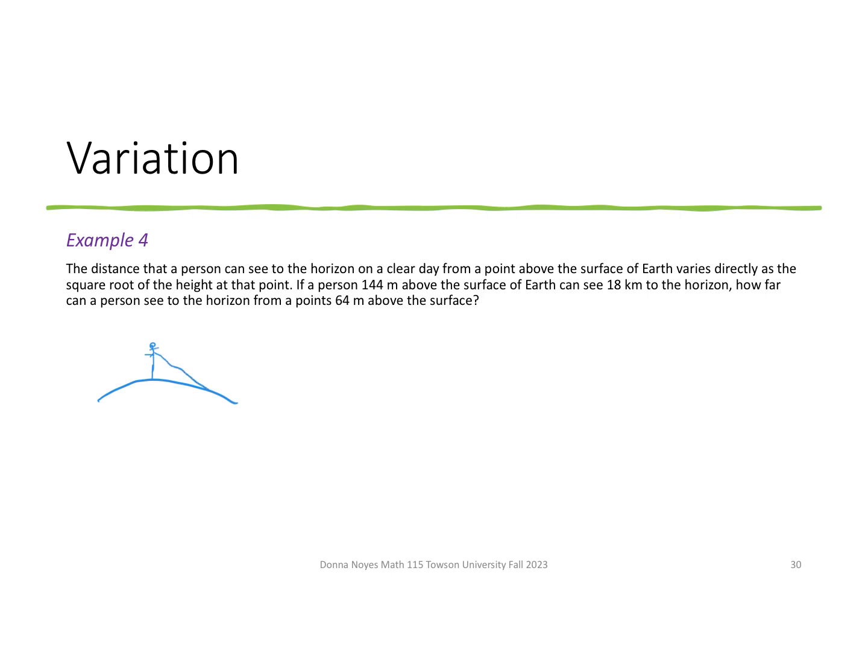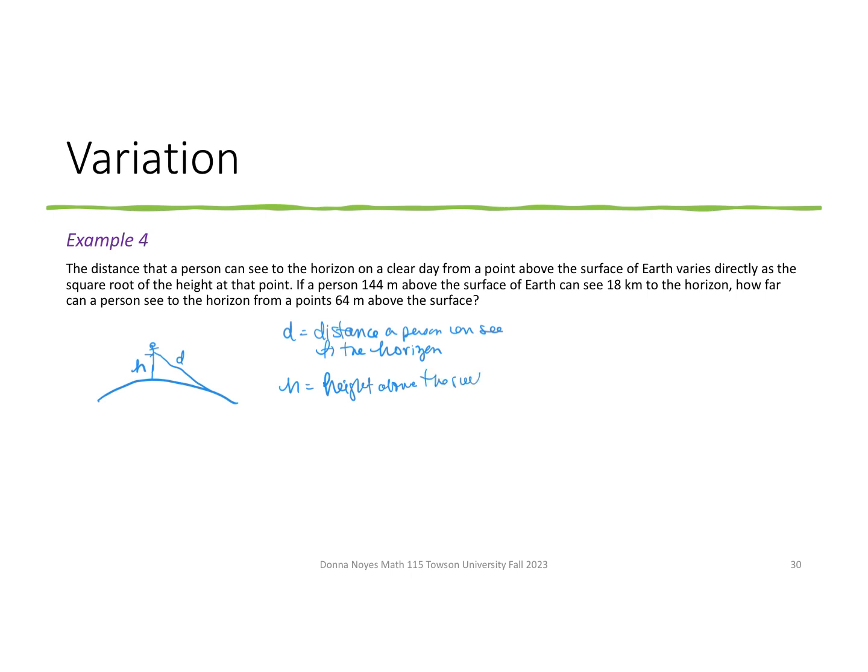And the distance they can see to their horizon, D, right? So we'll say D is the distance a person can see to the horizon, right? On a clear day from a point above the surface, we'll call this a height above the surface. H is the height above the surface.